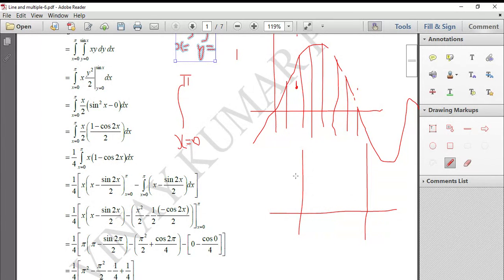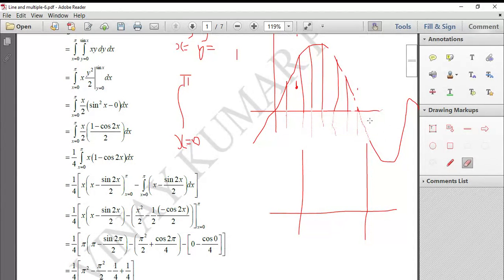But I don't want that. Along with that, you have to restrict y, because I have chosen constant values for x. So from where to where do you have to choose your y? That is the question now.